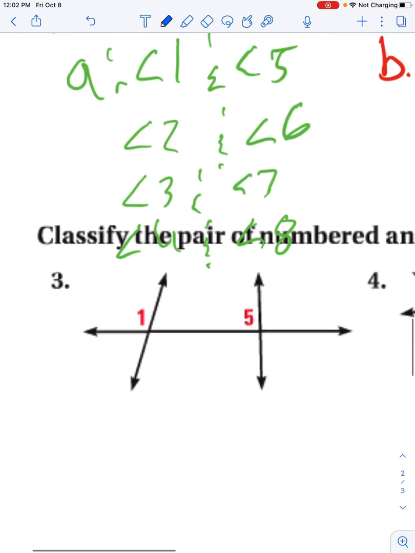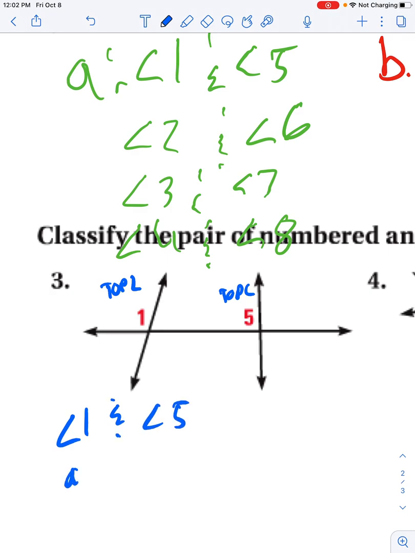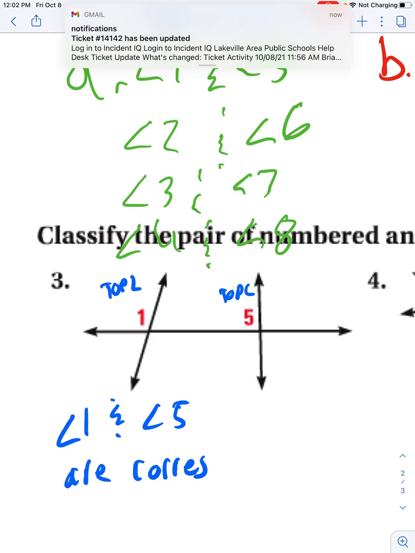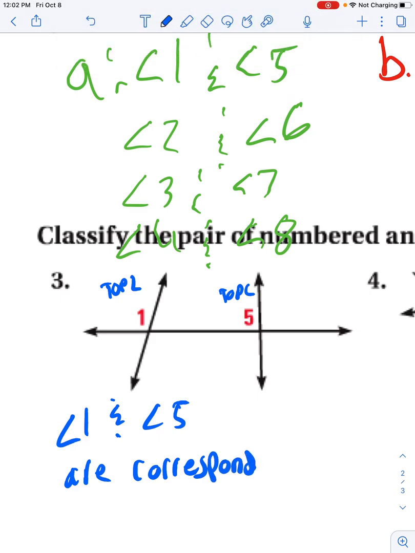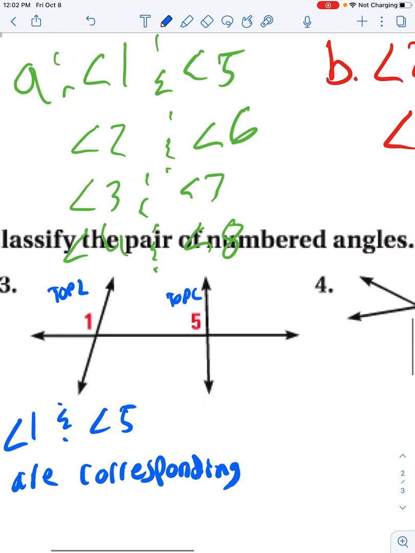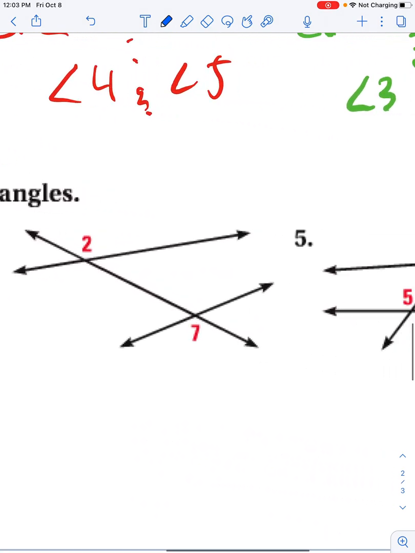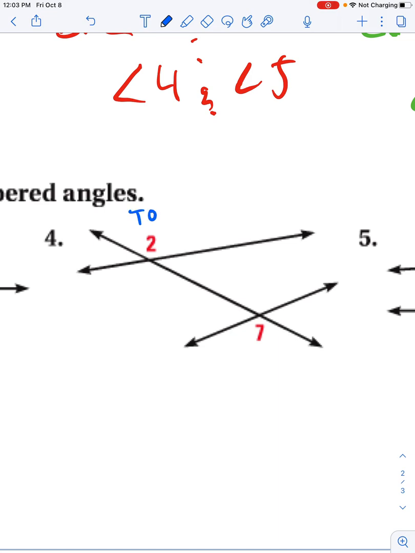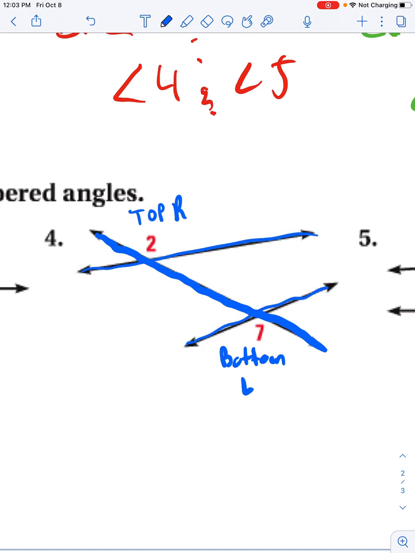So if I classify these, this is top left, this is top left. They are in the same relative location, so angle 1 and angle 5 are corresponding. I see that this is on the top right, this is on the bottom left, and they are on different sides of the transversal, and on the outside of my two lines.